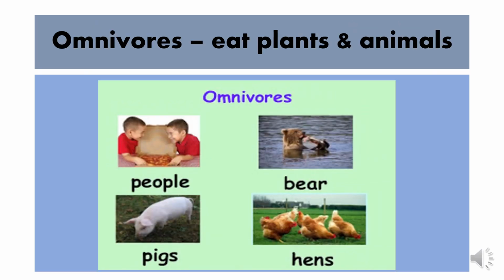Lastly, omnivore. Remember, omnivore eats plants and animals. An example is people. As humans, we eat both. We eat plants and we also eat animals. Other examples are bear, pigs, and hen or chicken.